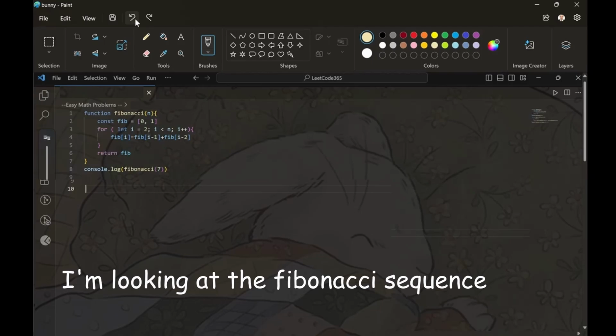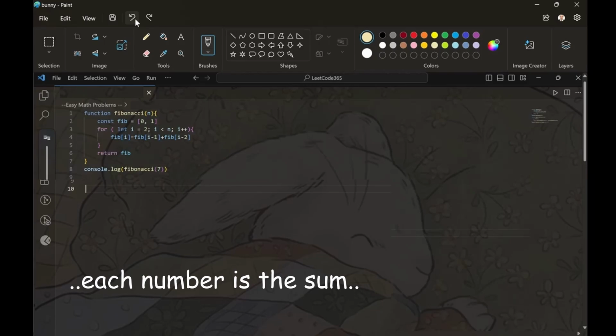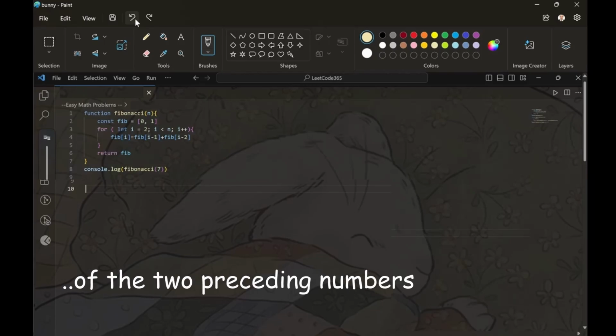I'm looking at the Fibonacci sequence, the series of numbers where each number is the sum of the two preceding numbers.